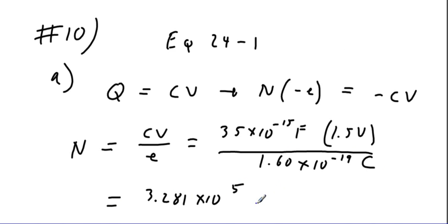But I tell myself, I probably don't have that many significant digits, and I would be right. I only have 2 significant digits, so I'm going to call that 3.3 times 10 to the 5th electrons.